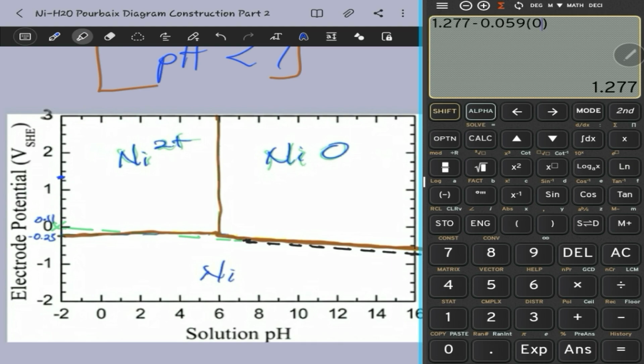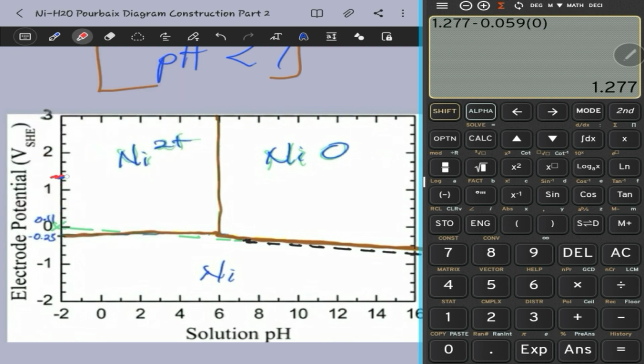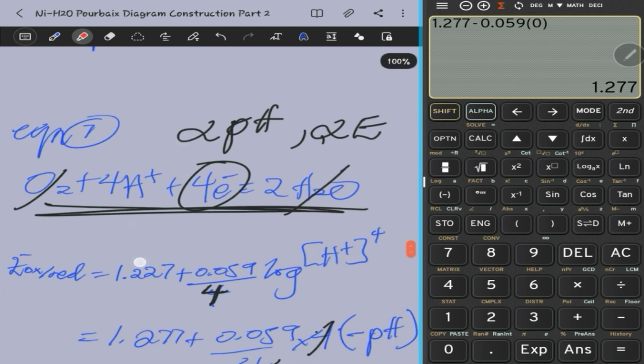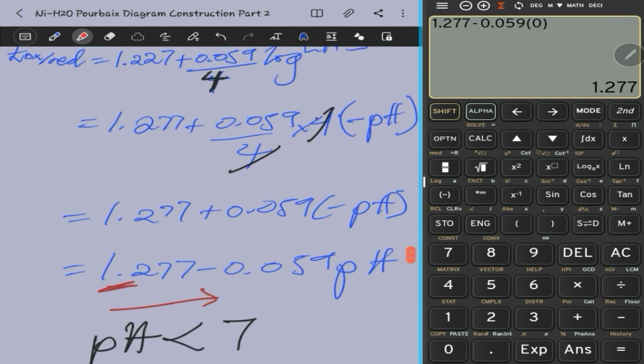Yes, that's the point that we've chosen. Now we choose a different color for this as well, so it's clear what we are doing. So we have one point for it. Because we know it's a decreasing line, there's the equation for it. As the pH changes, the value for this oxide will be changing as well.